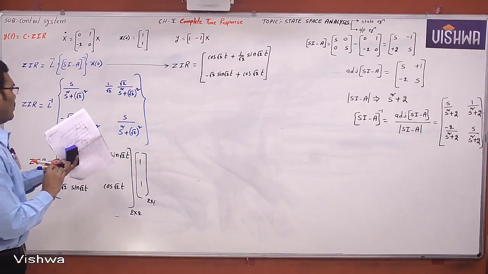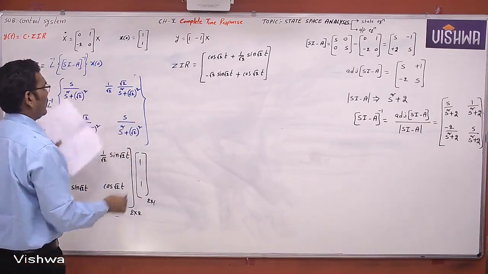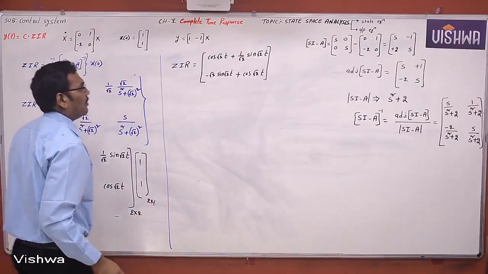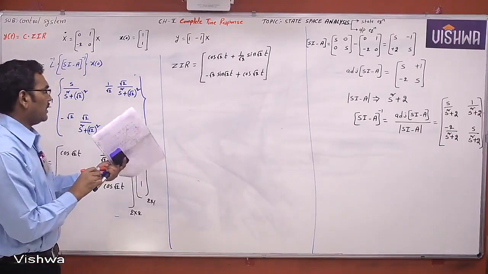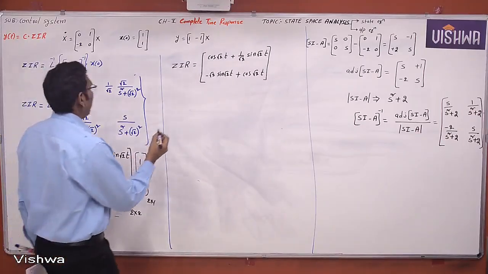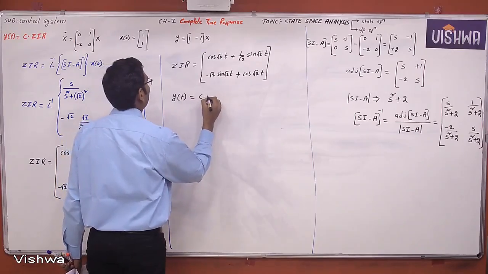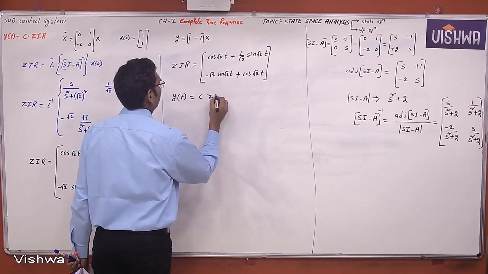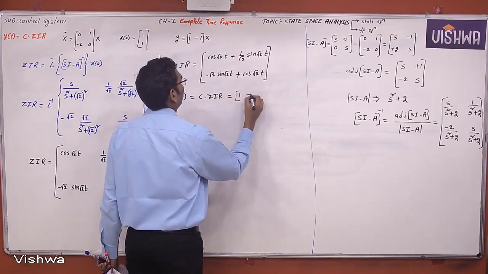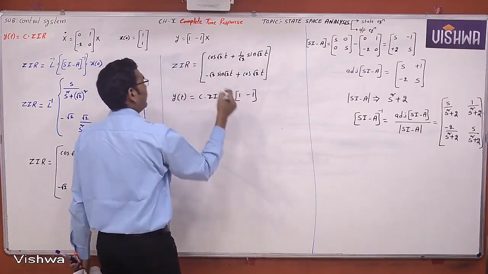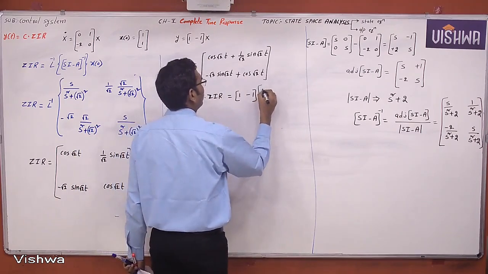Now, after writing the zero input response, what is the complete time response? Now the complete time response is y of t, which is equal to c into the zero input response. Now what is c? c is nothing but 1, minus 1. This is c into the zero input response. What is the zero input response?